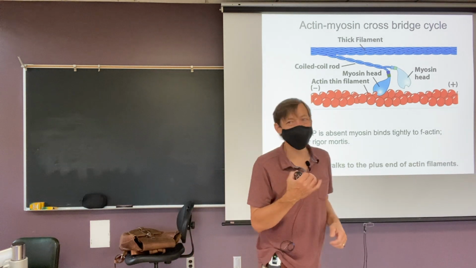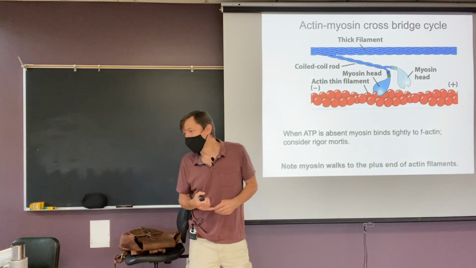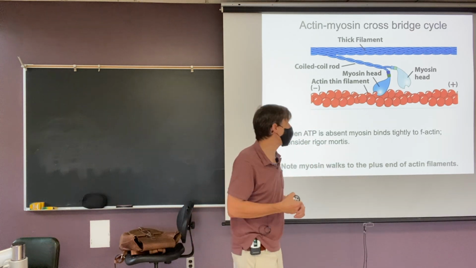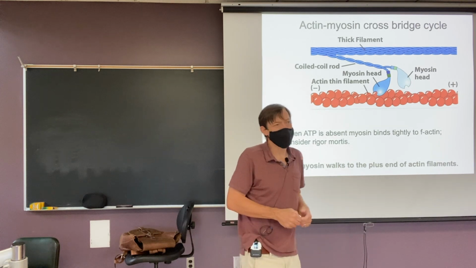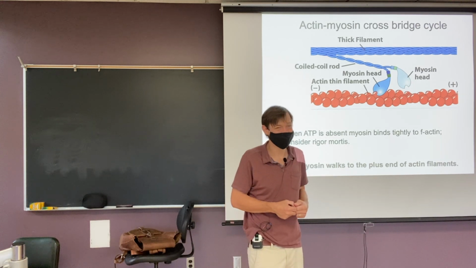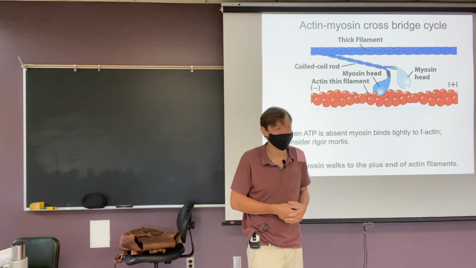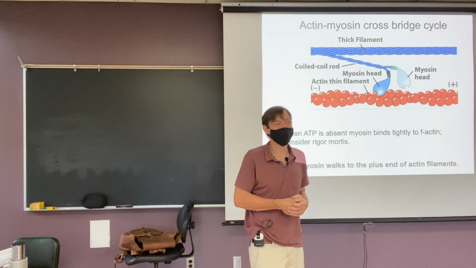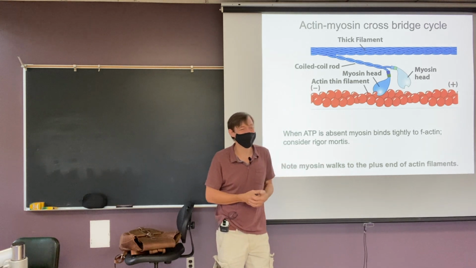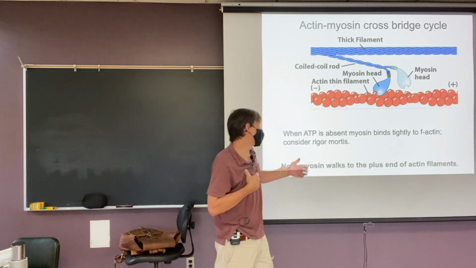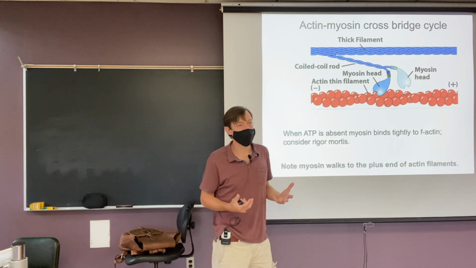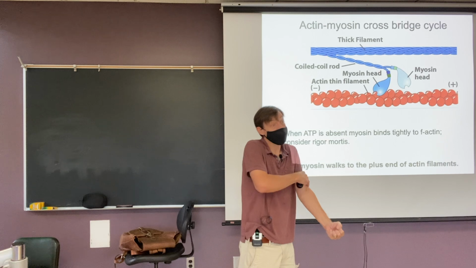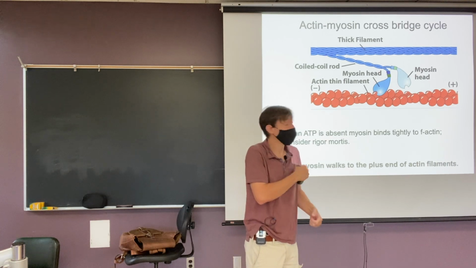I find one helpful way to remember the cross-bridge cycle, well, okay, what's one notable thing about being dead? You don't move a lot. And yes, very stiff. There's a phenomenon called rigor mortis. When people die, muscles get really, really stiff.